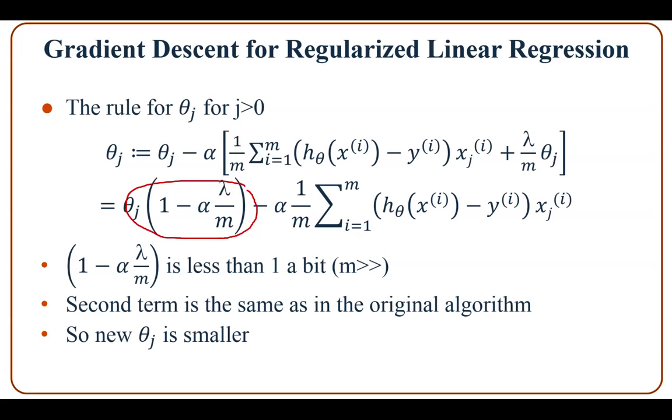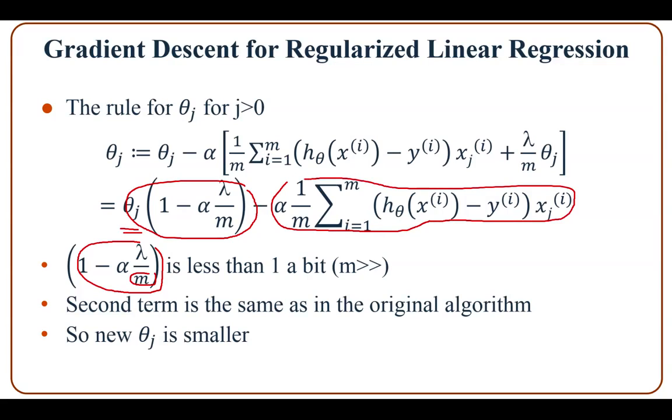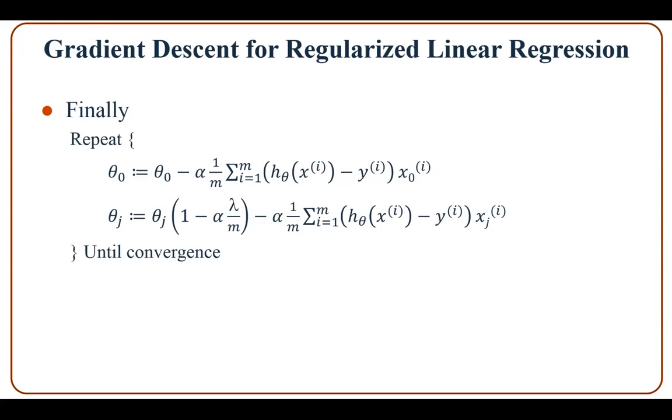This term is a little bit less than theta j, because 1 minus alpha times lambda divided by m is less than 1, because m is normally very large. And the second term here is the same as in the original algorithm. So the new theta here is smaller and smaller. And finally, this is the gradient descent algorithm for regularized linear regression.